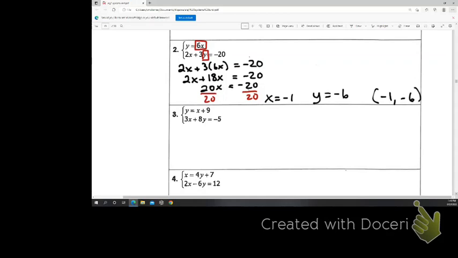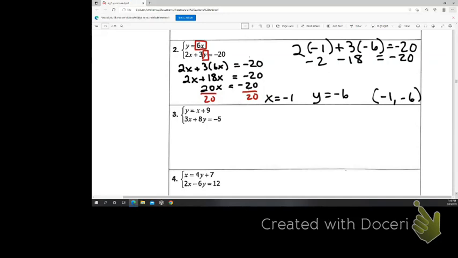And then just to prove to myself that it worked, I'm going to put x and y in the second equation. Negative 2 minus 18. Yes, it does work. Okay? So you can plug your answers in.